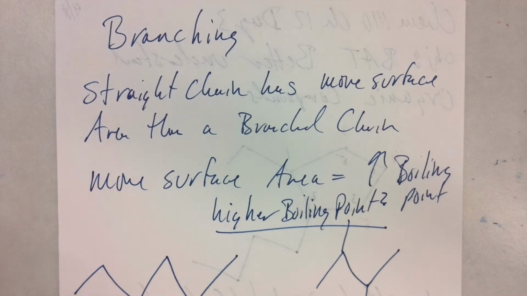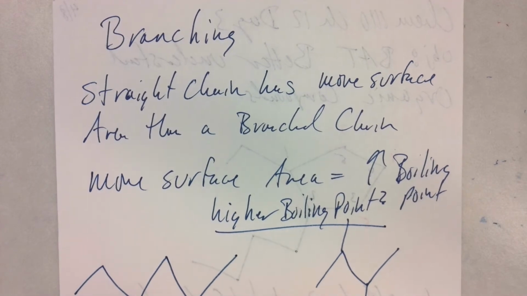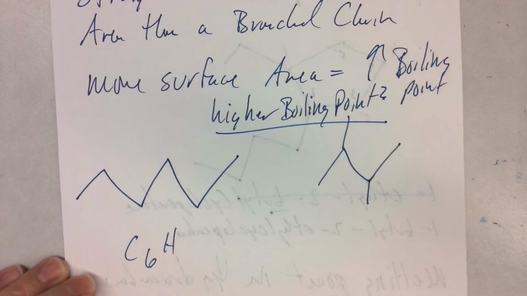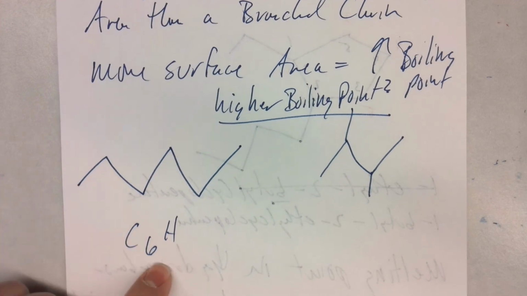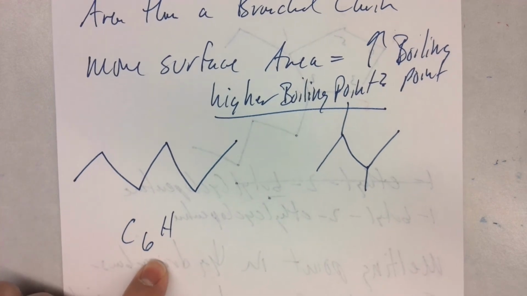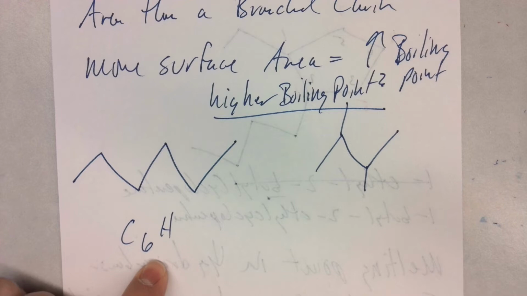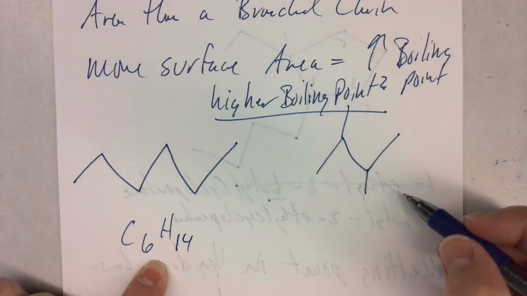Now, they're the same as far as they both have 1, 2, 3, 4, 5, 6. So this is going to be C6H what? What would be the formula for this? Okay, what would be a formula for this?